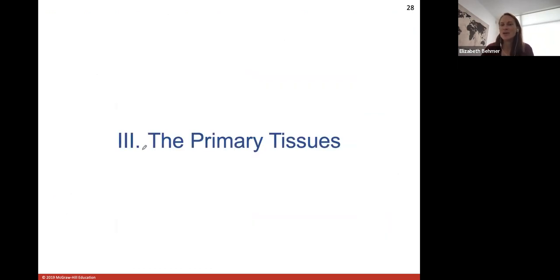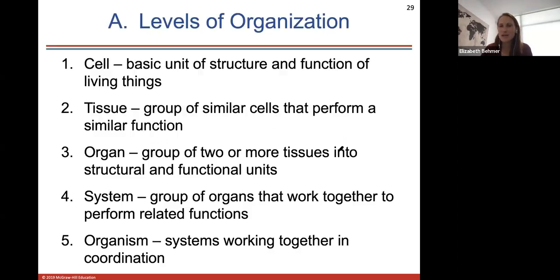Okay, so this primary tissue section you are responsible for, but this is a huge review from anatomy. You should know these levels of organization. I love to test on this to make sure you know what the basic unit of life is and how cells come together to form tissues, organs, organ systems. We have 11 of them, and then the entire organism.